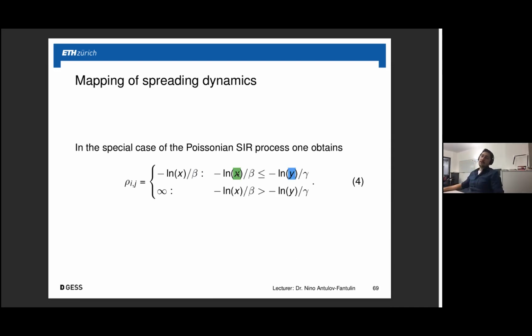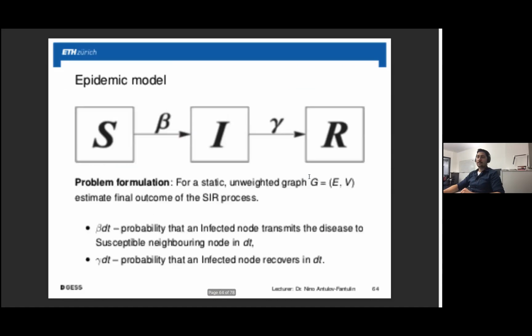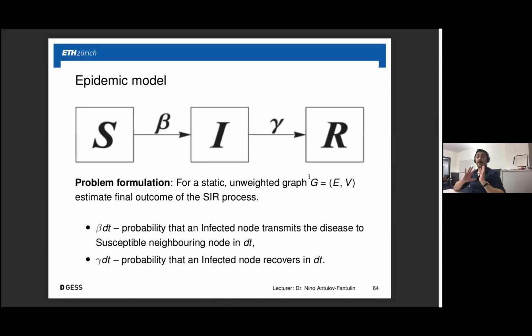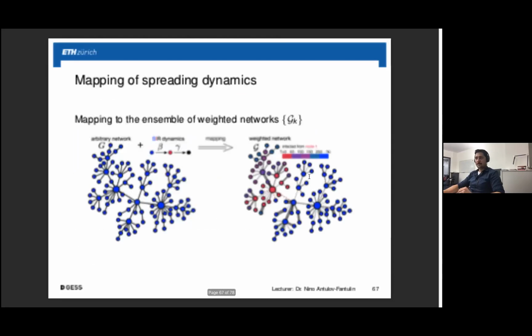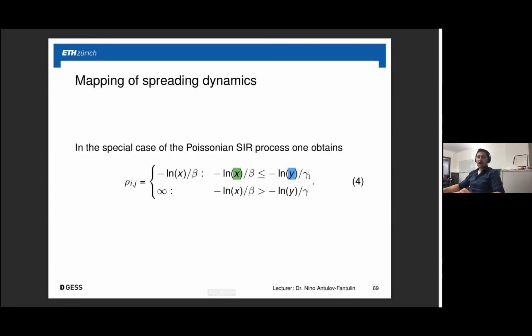And then with these two random numbers and beta and gamma, the parameters of our spreading process, that fully defines the epidemic process. Now, for every edge, we calculate the following values. We calculate the negative logarithm of this random number between 0 and 1 divided by beta, and also the negative logarithm of this random number between 0 and 1 divided by gamma.